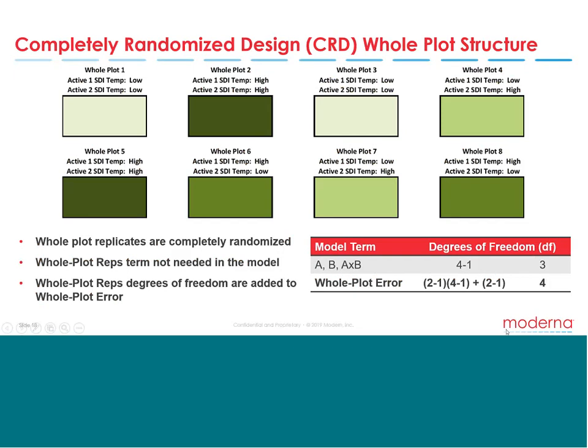So these are no longer in a randomized complete block design structure. They're now in a completely randomized structure. And I just want to point this out because it does change how you fit your model. Where we had that term for the blocks of the whole plots, we now essentially lose that term because we don't need it anymore. And those degrees of freedom go back into the whole plot error, giving us a little bit more power to test the whole plot model terms.